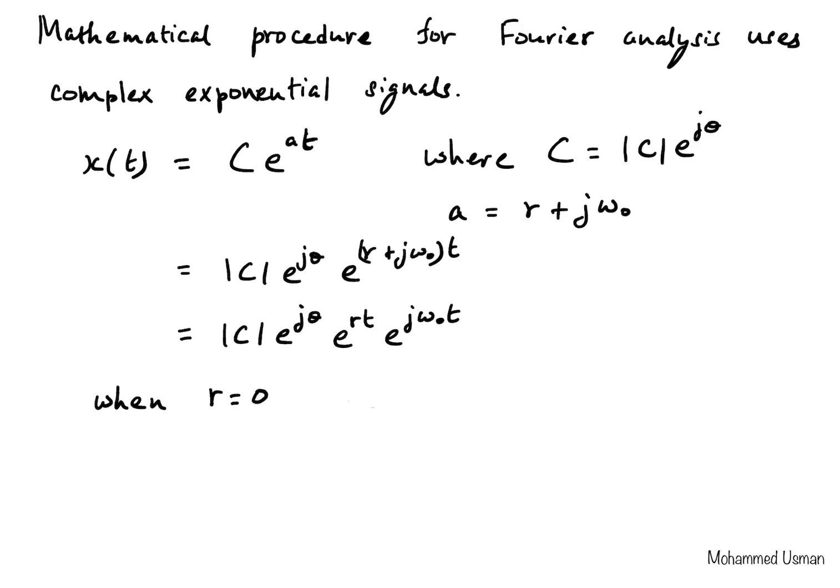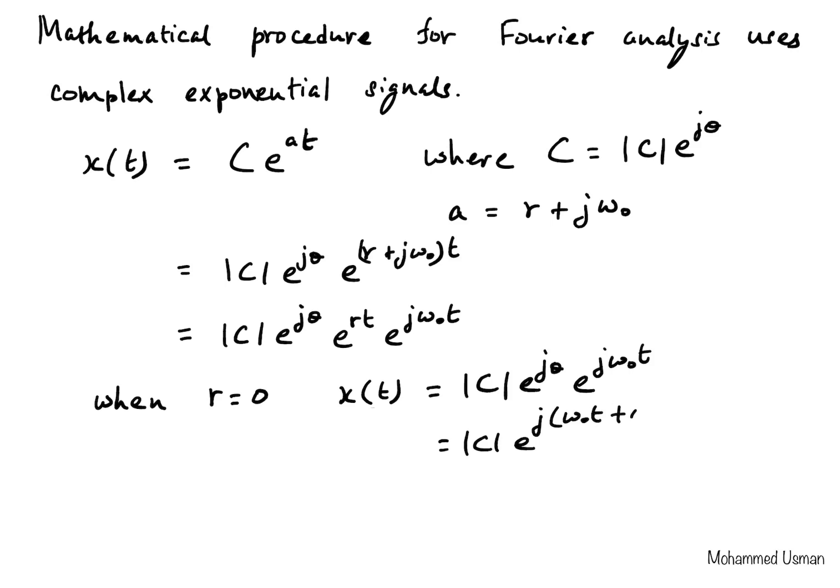When r equals 0, we get x of t as c e power j theta into e power j omega naught t, which we can write as the magnitude of c e power j (omega naught t plus theta).